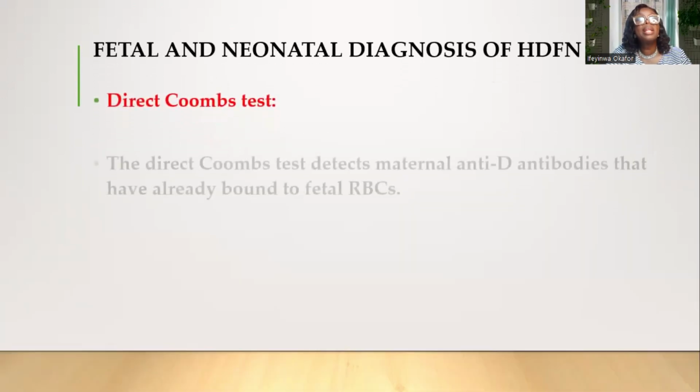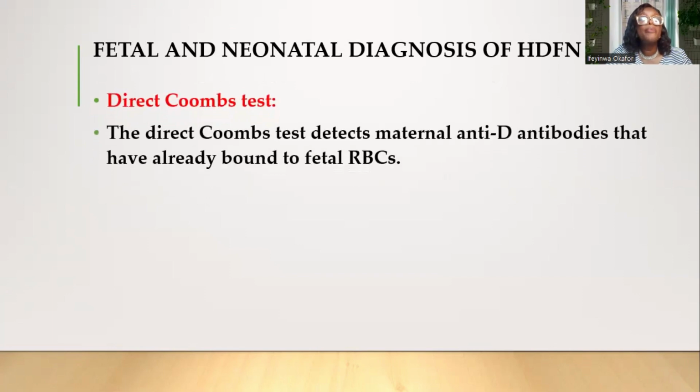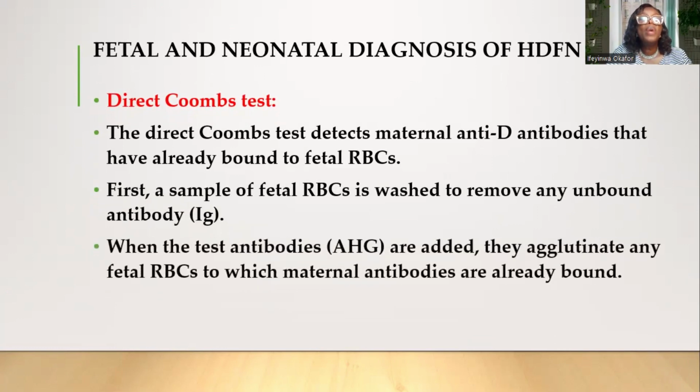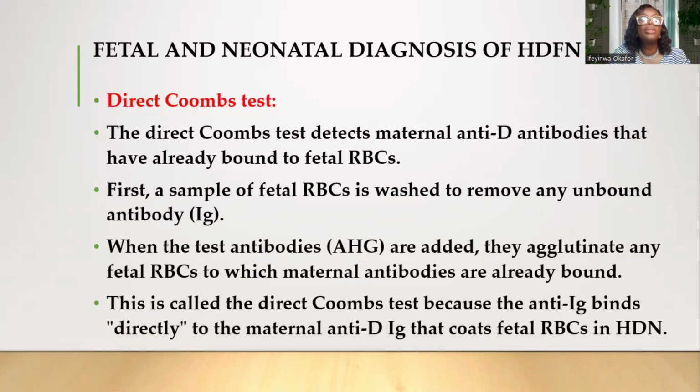The direct Coombs test. Like I said earlier, the direct Coombs test detects maternal anti-D or maternal antibodies that have already bound to fetal red blood cells. First, a sample of the fetal red blood cells is washed to remove any unbound antibody. And then when the test antibody, that is the anti-human globulin, is added, it agglutinates any fetal red blood cell to which maternal antibodies are already bound.